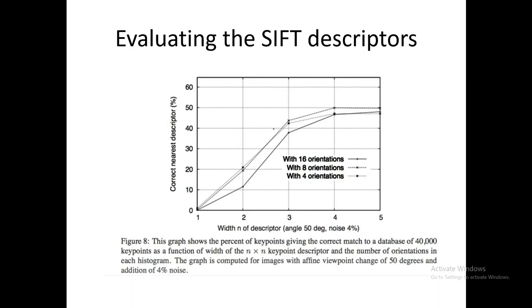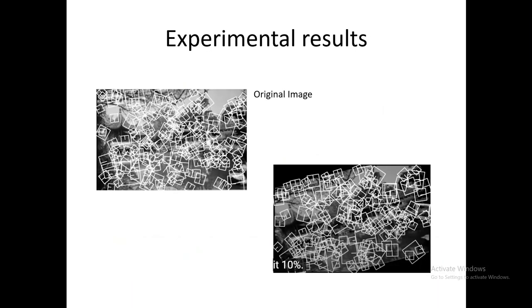Let us see the results in the picture. Here is the original image on the left side, with the feature points drawn on top of the picture. There are lots of feature points. They took the picture and rotated it by 15 degrees, scaled it down to 90%, stretched it by 10%, and changed the brightness and contrast.